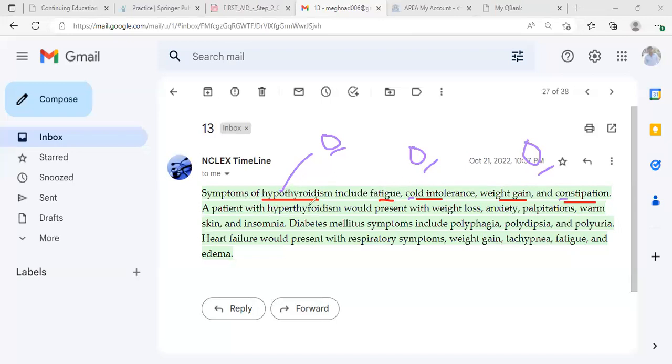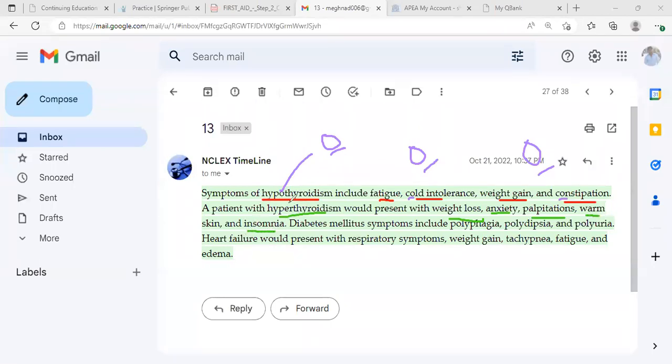A patient with hyperthyroidism would present with weight loss, which is opposite to weight gain, anxiety, palpitation, feeling hot or warm, and insomnia.